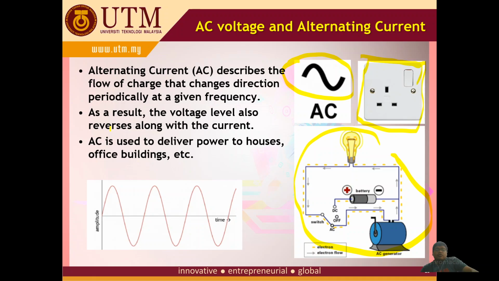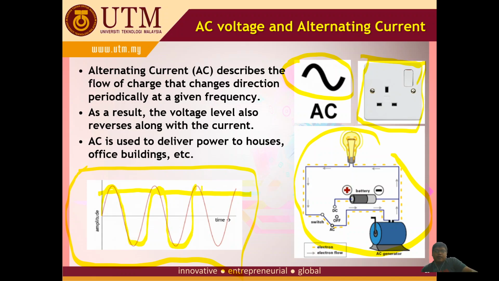Okay, so here maybe you can see the basic principle of the AC system. For example, previously we had a straight line, where the voltage is constant throughout the time. For an AC system, the system periodically changes from positive to negative and negative to positive. So that we call a sinusoidal form.